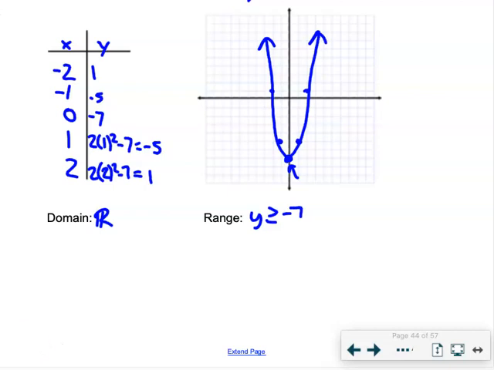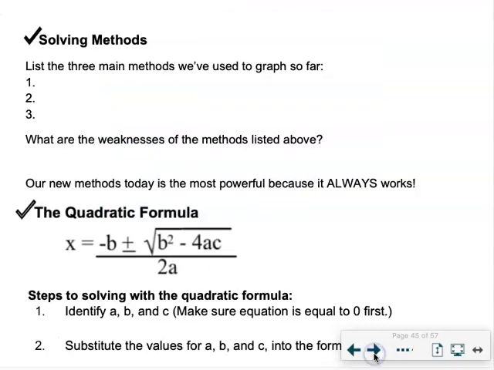And then what we said was the solutions of this graph were here and here, the x-intercepts. That was one of the ways we solved these. We also used square roots to solve these, and we used factoring. Those were all different strategies. Let's go over the ones that we've done so far, the ones that we like, the ones that we don't like, and so forth. The first one that we talked about was graphing.